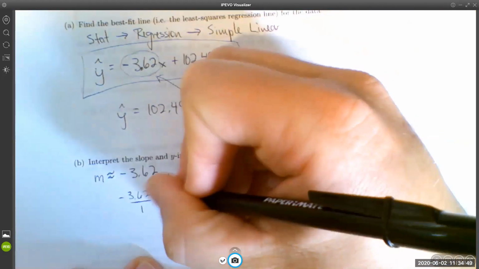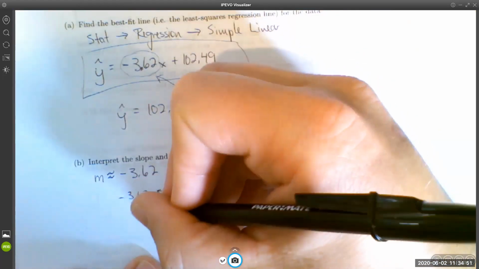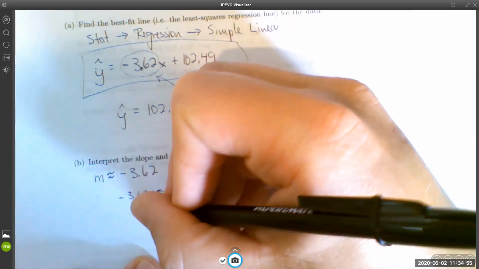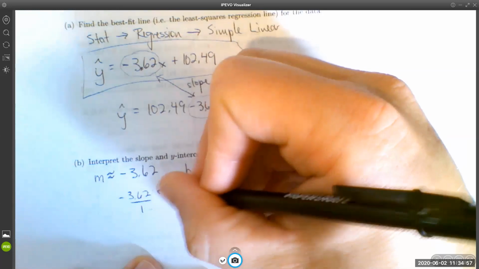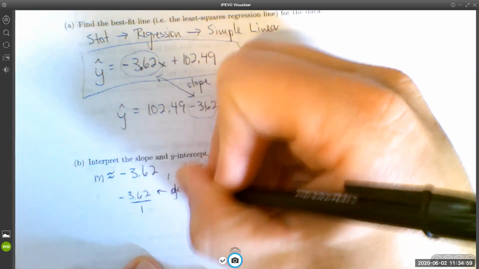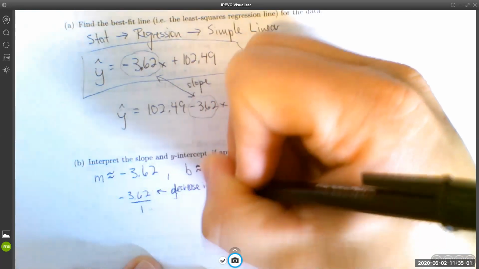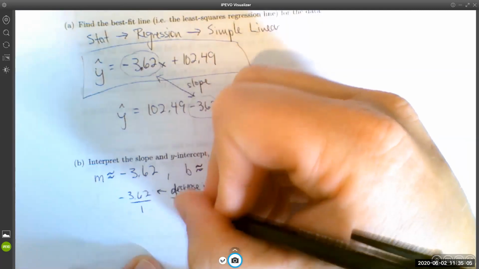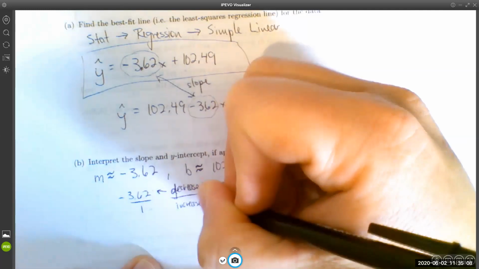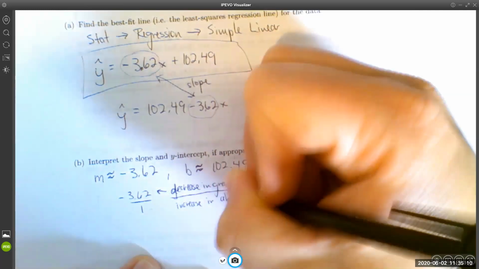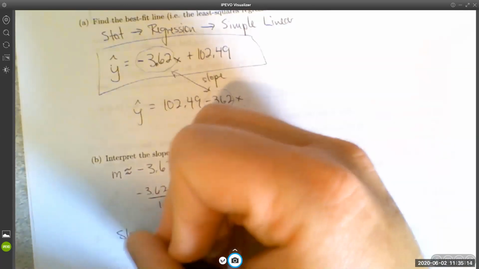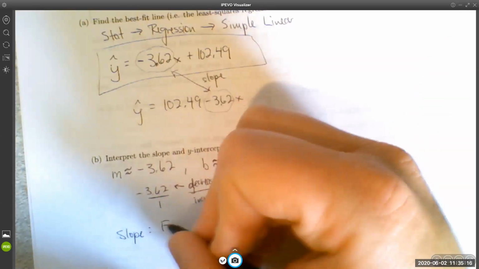This is rise over run, so this is y over x, so it's grade over absences.